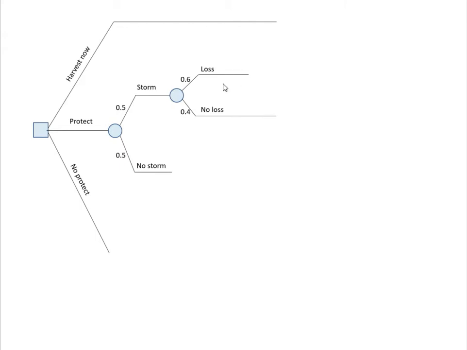Let's start from the top branch. If you protect, there's a storm, and then a loss actually happens. What's the actual amount of losses? Well, the problem says that in this case, there are three possible outcomes. So that's an uncertainty with three outcomes. You can salvage 90% of the crop, salvage only 75% of the crop, or salvage 50% of the crop.